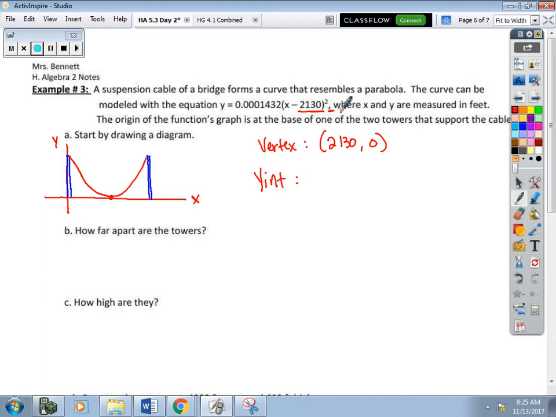This would also indicate to you that the vertex indeed does touch the bridge. So I guess they didn't have to tell you that, because whenever you find the vertex, that will make sense. Go and label it in the picture too, because this is going to help you find something else out.